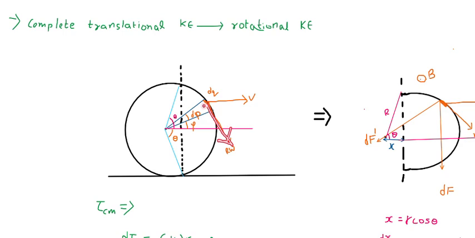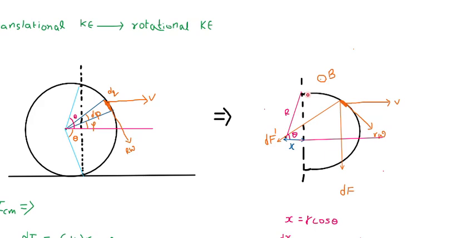If its length is r d phi, we draw two lines here, each making angle theta with the horizontal. If we observe only this part, it has a velocity v and r omega tangential. If we do v cross B here, for velocity v we get a force dF perpendicular to it, and for r omega we get dF dash perpendicular to it.